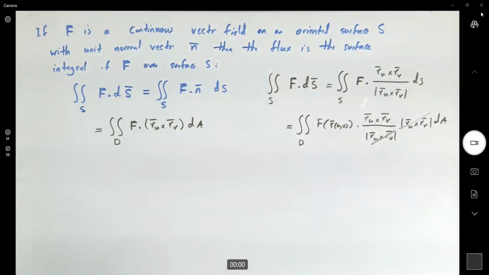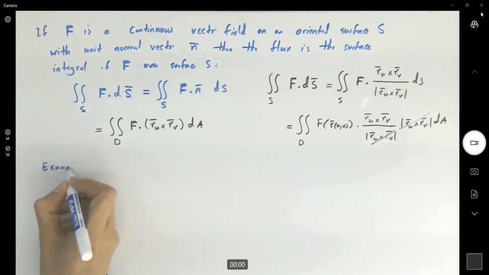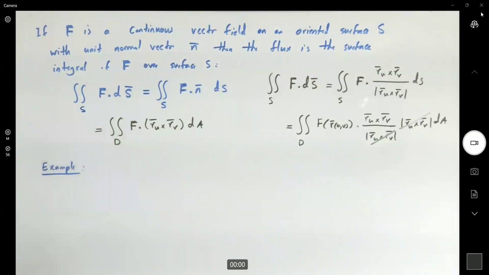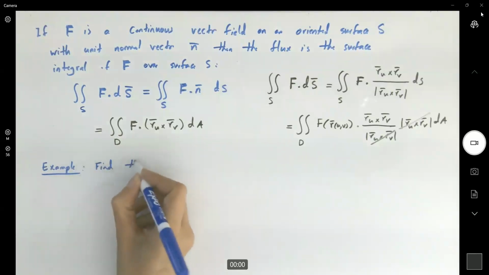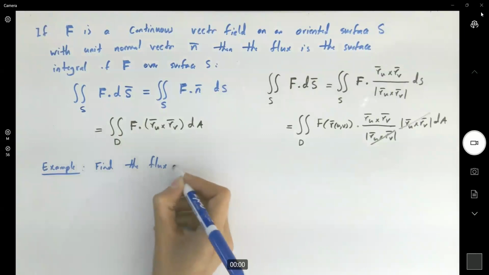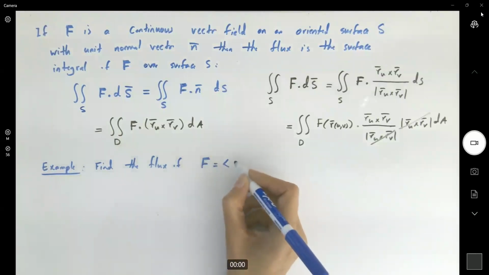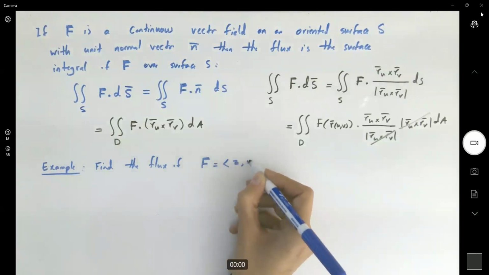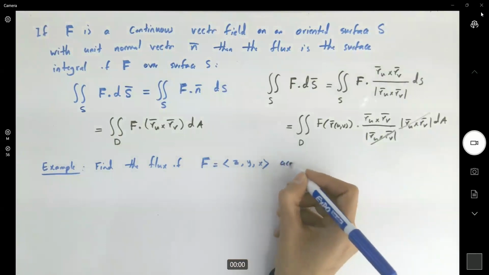A quick example for you: compute the flux. Find the flux of the vector field given to you as z, y, and x across the unit sphere.